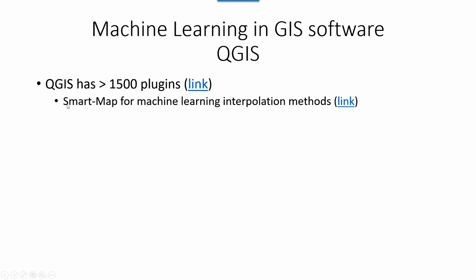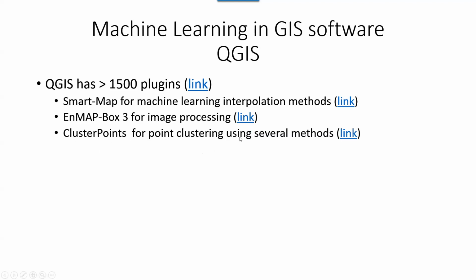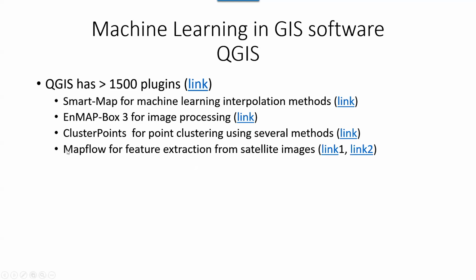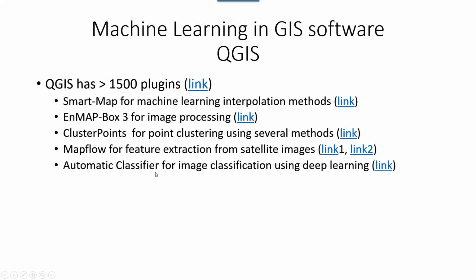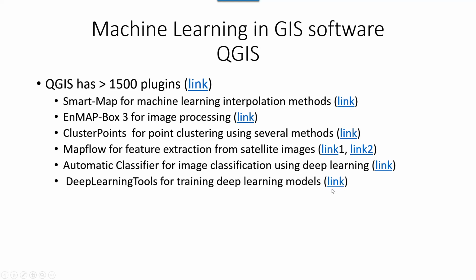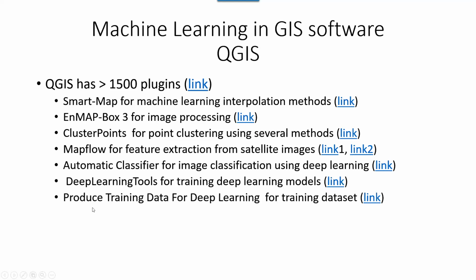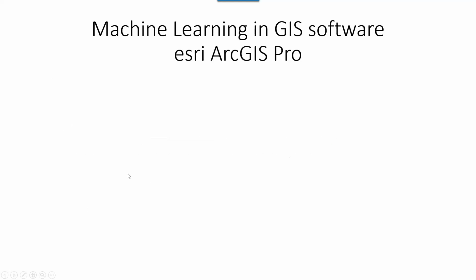One of them is called Smart-Map, for machine learning interpolation methods; Nmap Box 3 for image processing; cluster points for point clustering using several methods; MapFlow for feature extraction from satellite images using deep learning; automatic classifier for image classification using deep learning; and tools for training deep learning models and producing training data. These are the names of the plugins for deep learning training data sets.